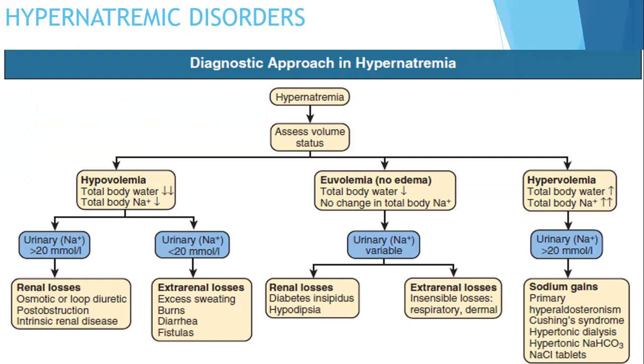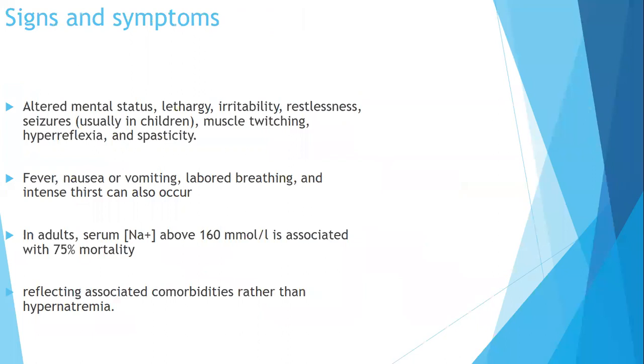It can be secondary to diseases such as primary hyperaldosteronism, Cushing syndrome, or from drugs such as NaCl tablets, hypertonic sodium bicarbonate, hypertonic dialysis. So once the cause is ruled out, we have to look for the signs and symptoms and management.